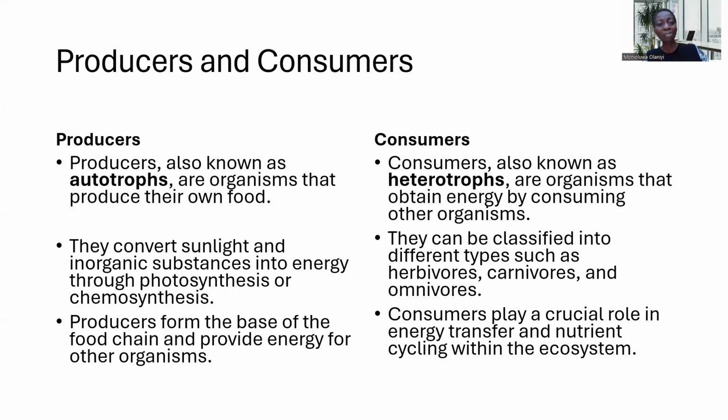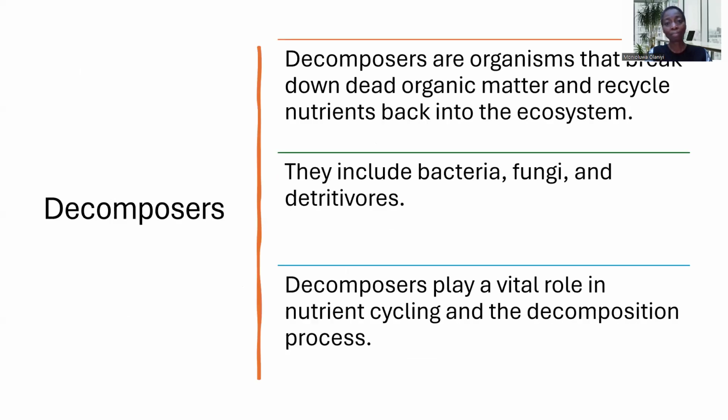Producers convert sunlight and inorganic substances into energy through photosynthesis and chemosynthesis, while consumers can be classified as herbivores, carnivores, and omnivores. Herbivores, that means they feed on vegetation. Carnivores, they feed on flesh. And omnivores, they feed on several types of organisms.